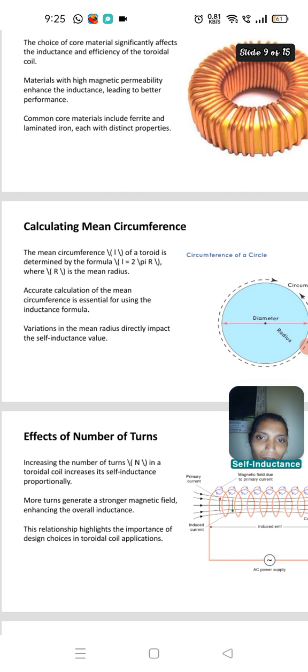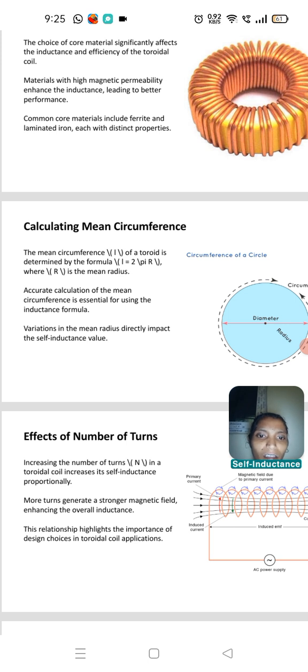Calculating mean circumference. The mean circumference l of a toroid is determined by the formula l equals 2 pi r, where r is the mean radius. Accurate calculation of the mean circumference is essential for using the inductance formula.